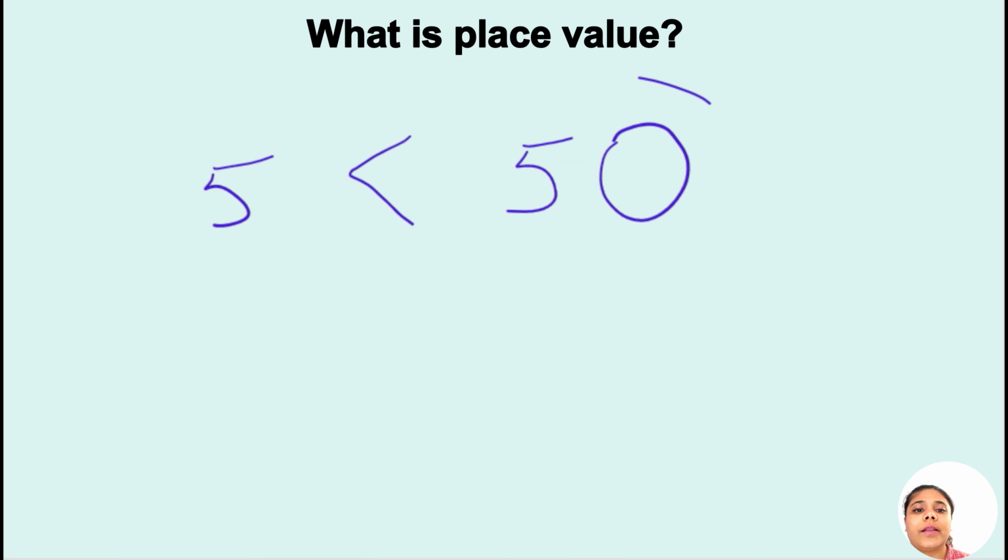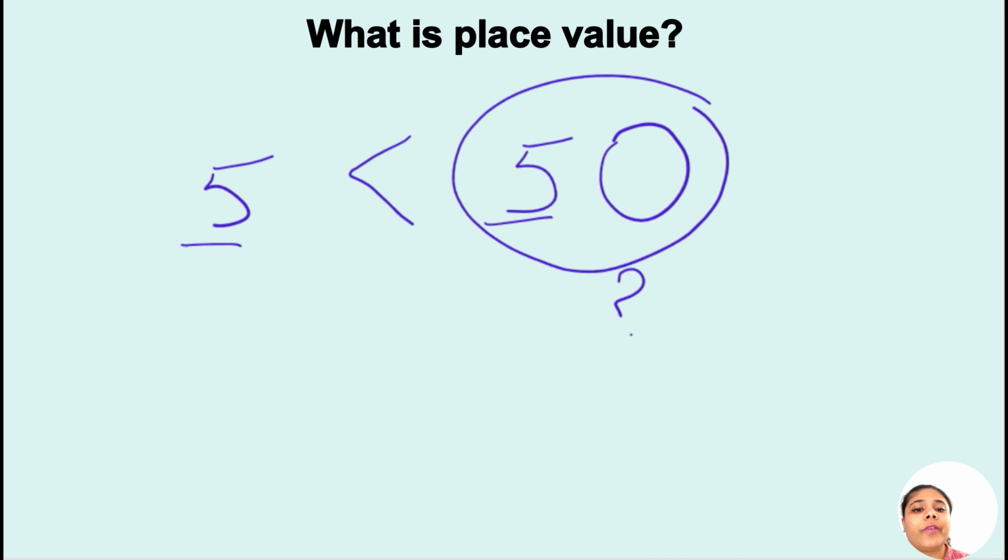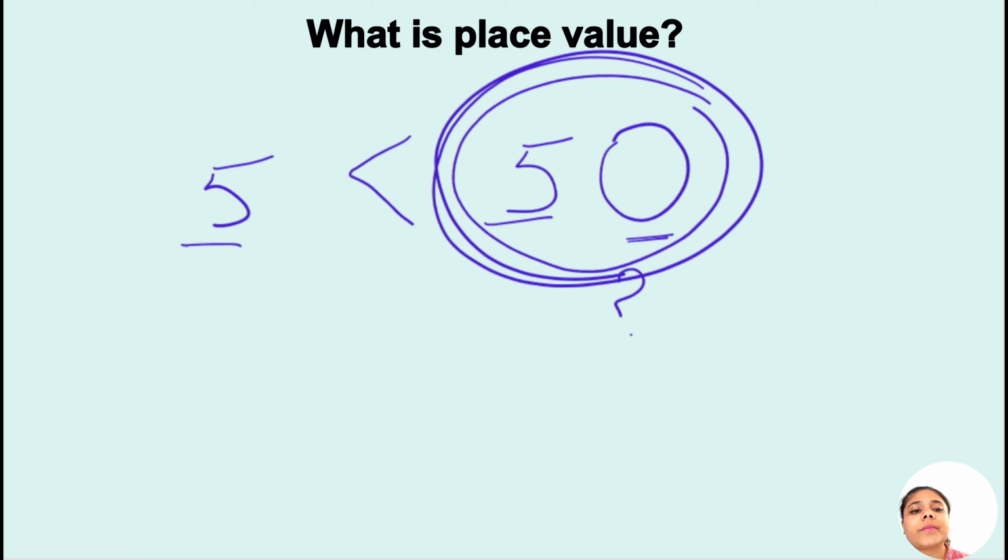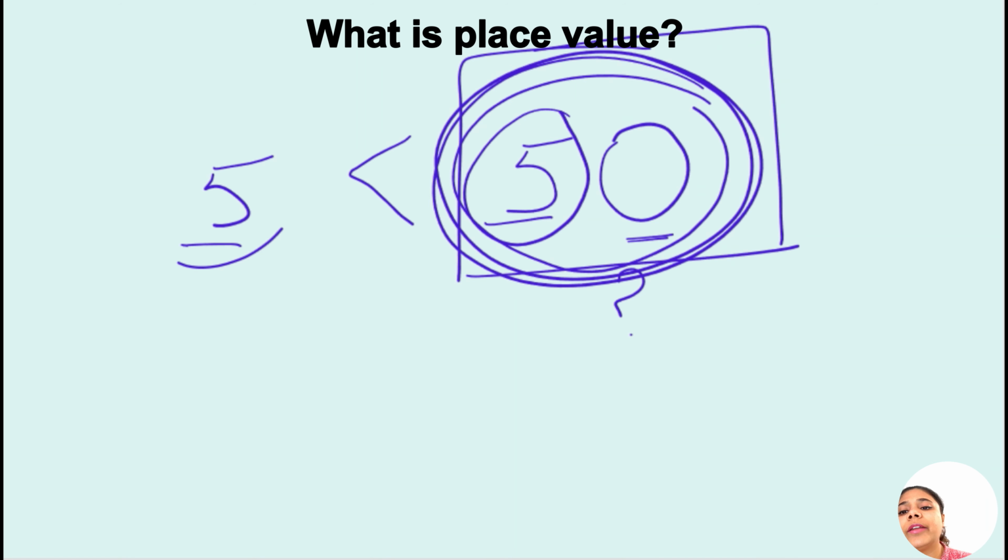Yes, this number is bigger. But why? Both the numbers have the digit 5 in them, and as we know, 0 doesn't really have a value. Then why is this number bigger? The reason is that the placement of 5 here is different.